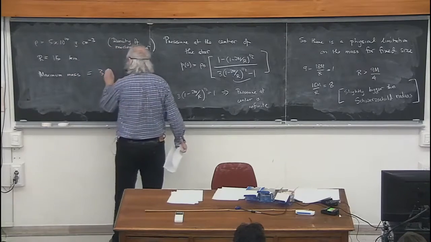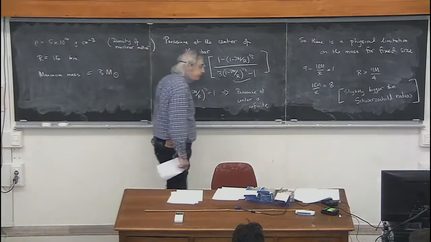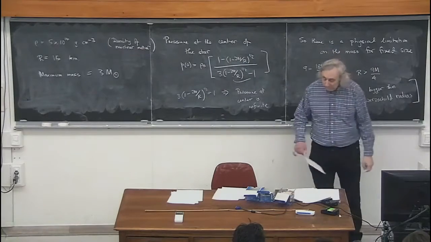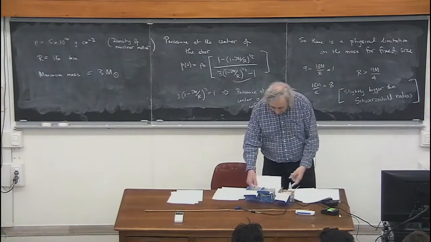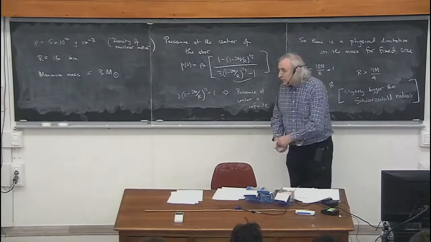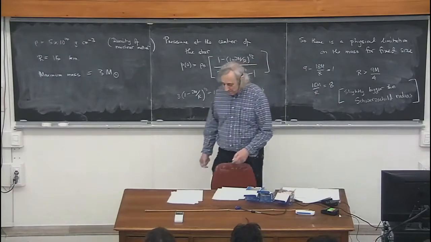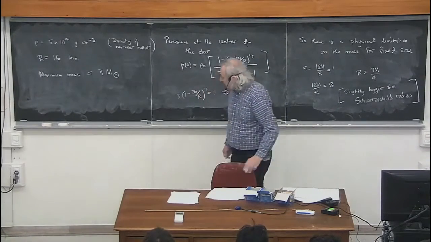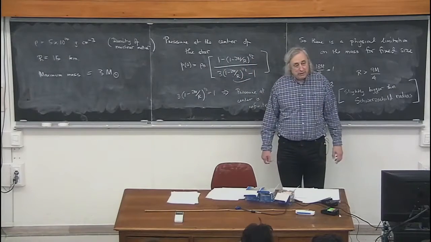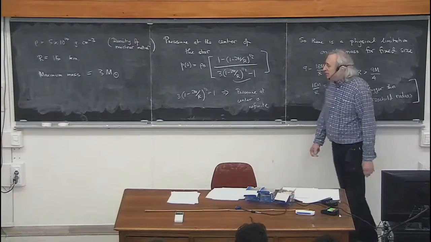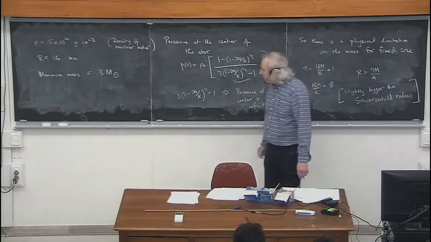It is equal to 3 solar masses, if you do that. So that tells you the sort of scale of things that are involved. It tells you something about the nature of neutron stars. You can't have neutron stars with a mass bigger than around 3.